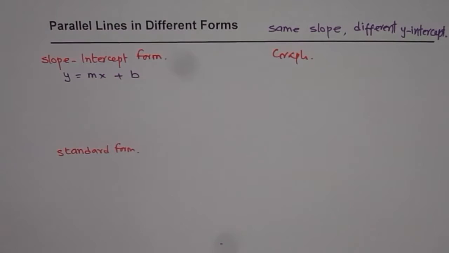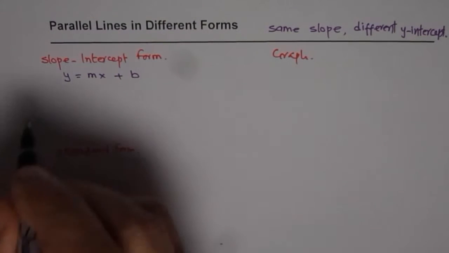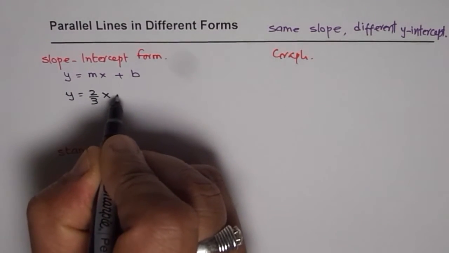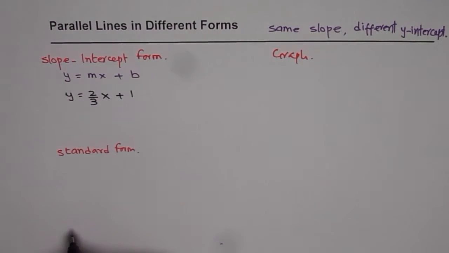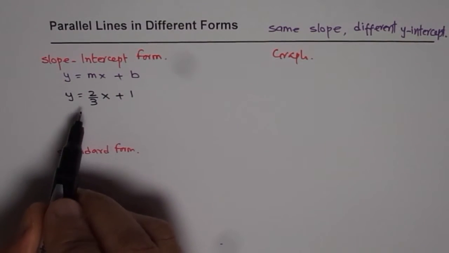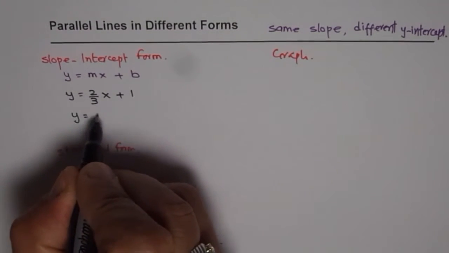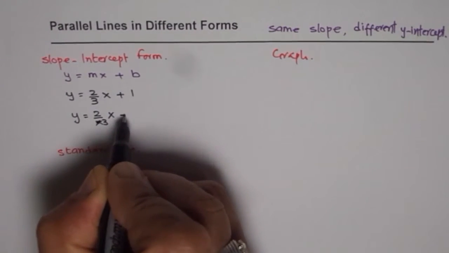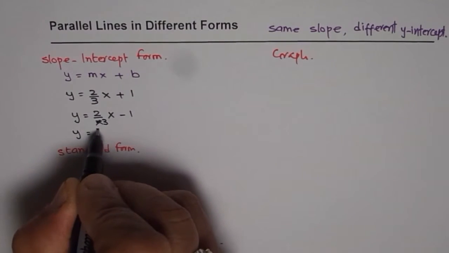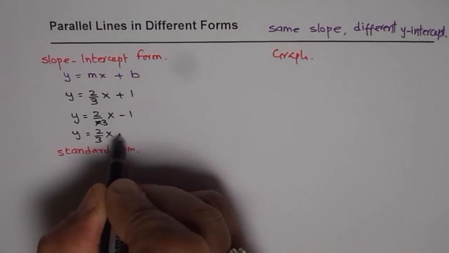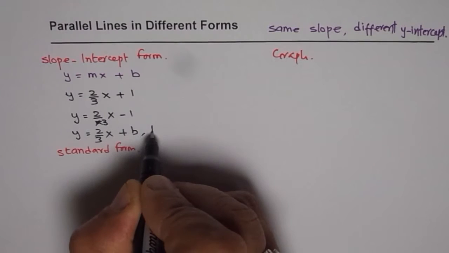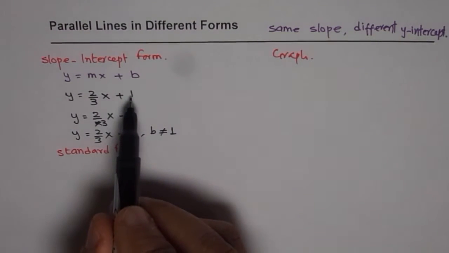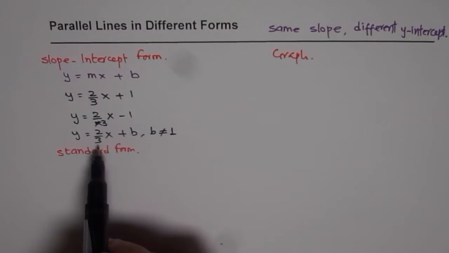So if I write down equation of a line as, for example, y equals 2 over 3 x plus 1, in that case, equation of the lines which are parallel to this would be y equals 2 over 3 x minus 1, y equals 2 over 3 x plus b, where b is not equal to 1, right? If b is different from 1, then all the lines will be parallel.